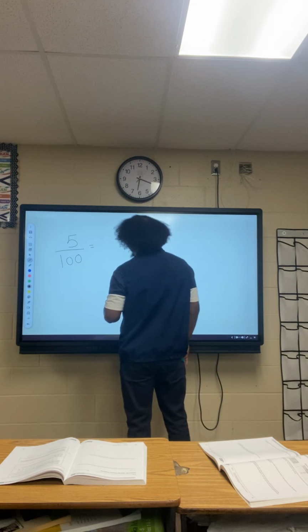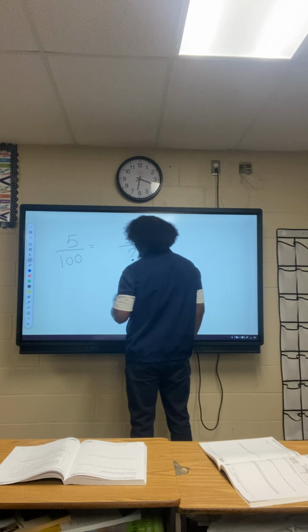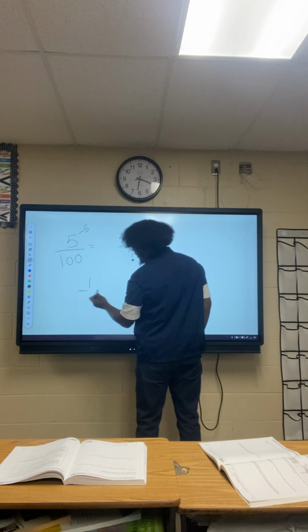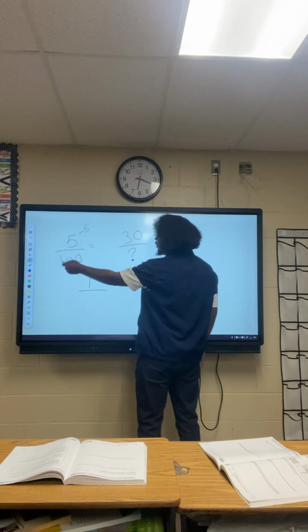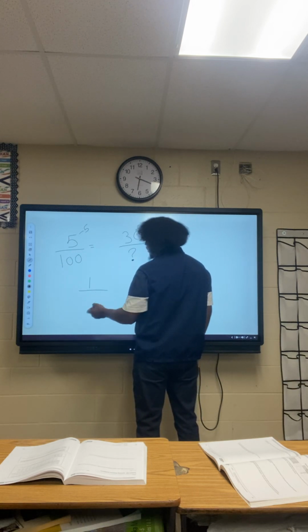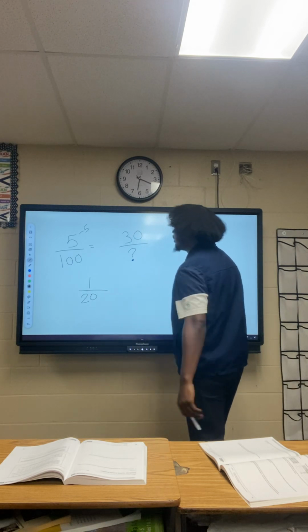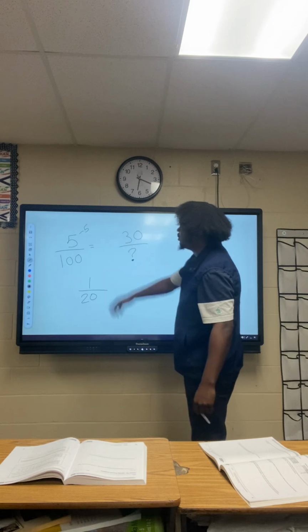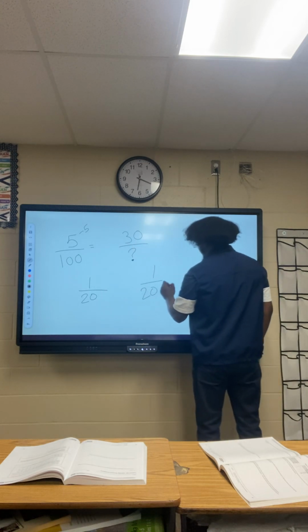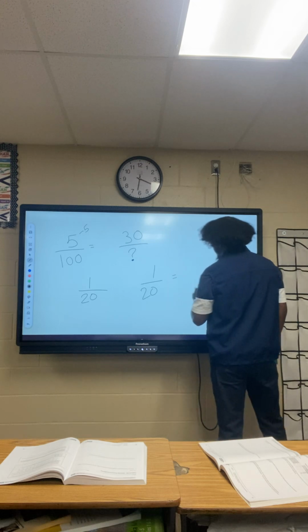So if we divide 5 by 5, we get 1. So I'll put it here. Whatever we do to the top, we have to do to the bottom. So if we divide 100 by 5, we're left with what? 20. Okay? So let's see if we can move with this fraction that is equal to 5 over 100. So 1 over 20, and we're trying to figure out how to get it to be equal.